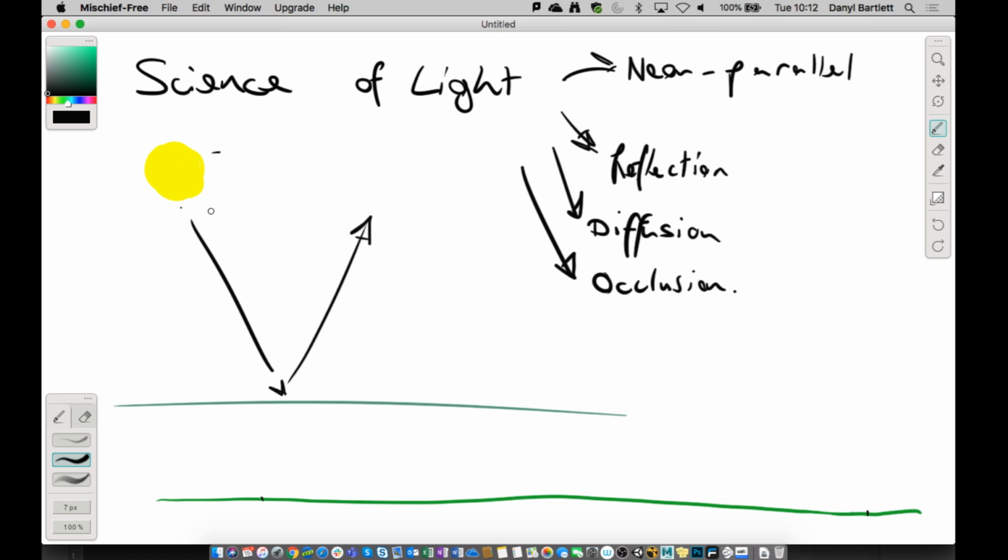The one next to it, hit there, bounce straight back up. That's what causes reflection. A smooth surface will reflect a sharp ray. It will keep the trajectory of a light ray consistent. So they'll all hit at the same angle, they'll all reflect at the same angle, and the smoother the surface, the more likely that is to happen.